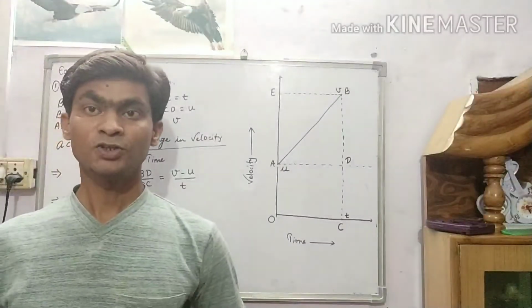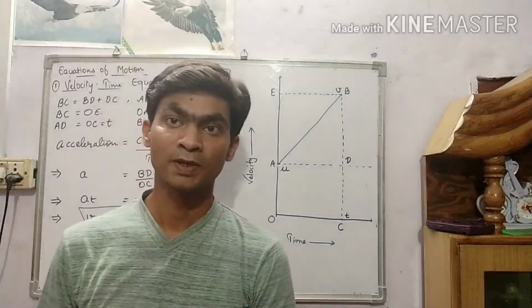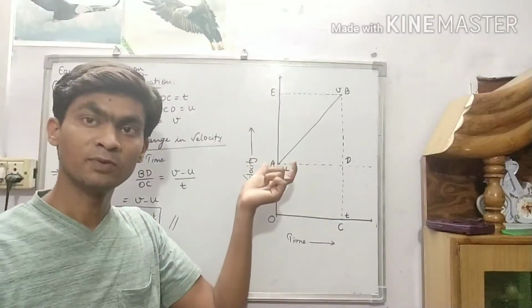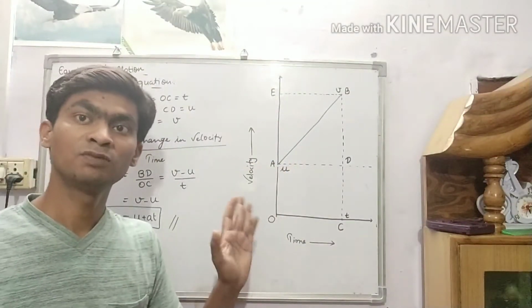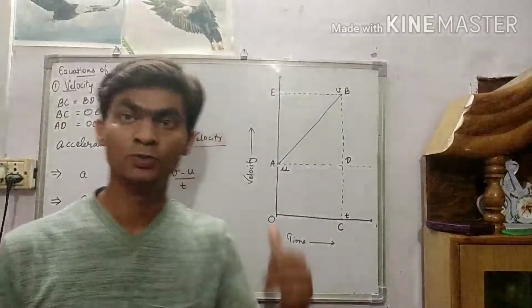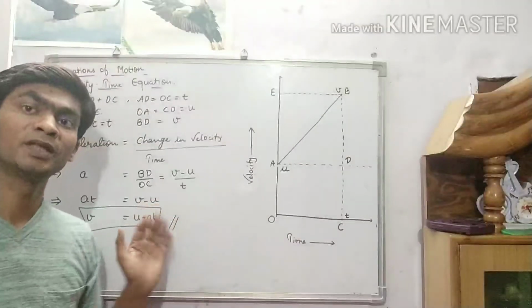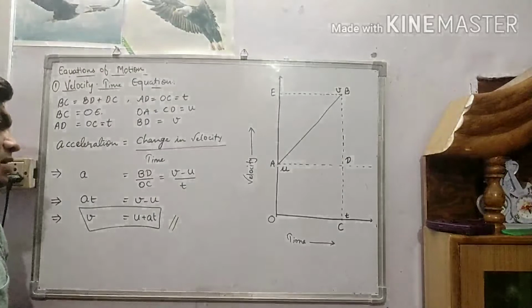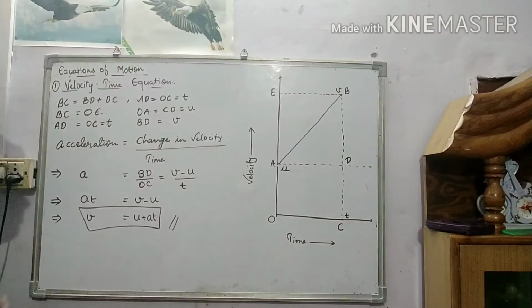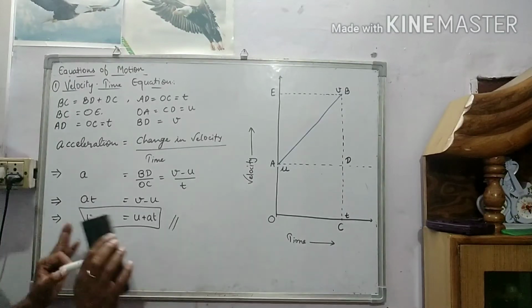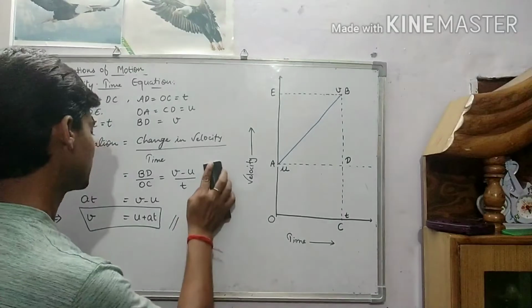So acceleration means change in velocity with respect to time. Change in velocity is BD and time is OC. So BD upon OC equals V minus U upon T, and acceleration is represented by the letter A. So we get V equal to U plus AT. This is the first equation, the velocity time equation or relation. So this was the first. Let us go for the second.